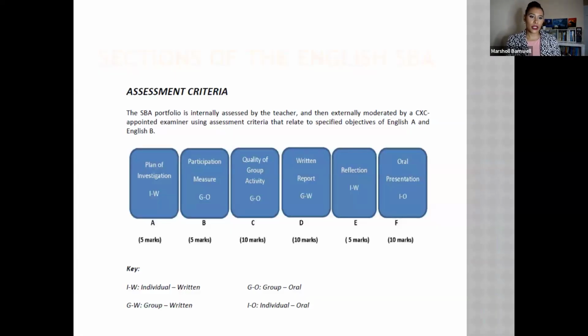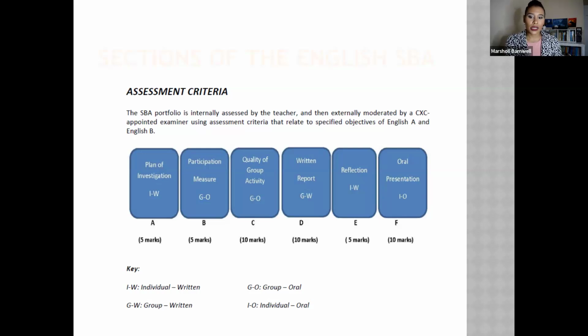Here we have the assessment criteria. Your SBA is going to be made up of your plan of investigation, 3 reflections, your written report, and your oral presentation. Part of this is going to be your participation measure. Your participation measure is how seriously and how much effort you put into your SBA.